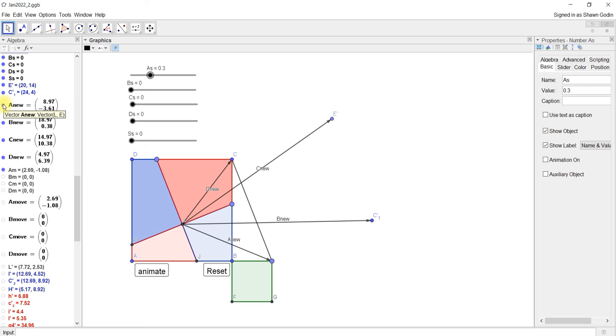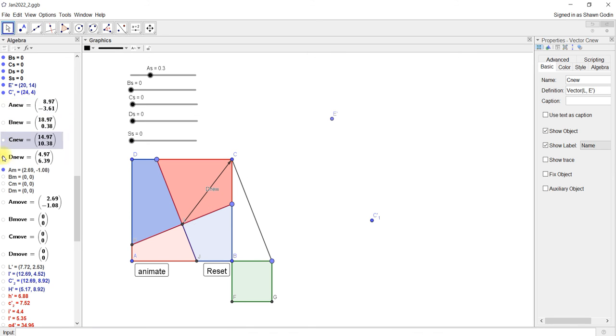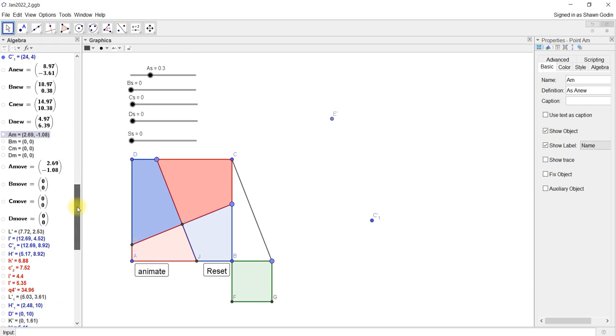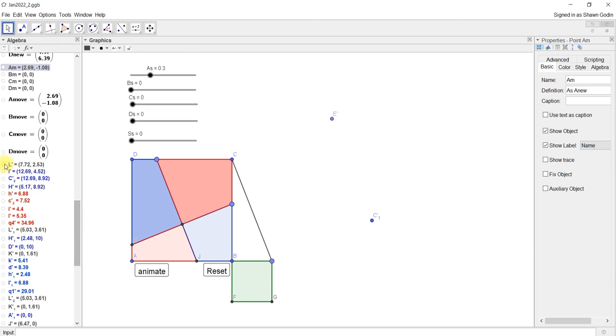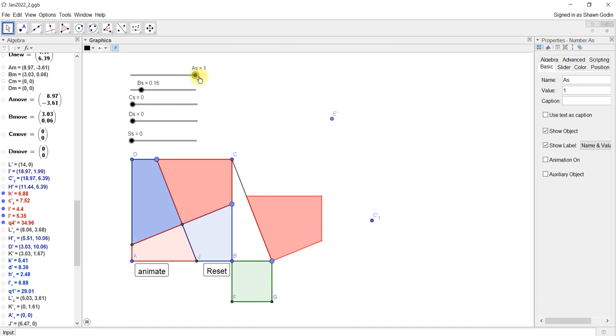I guess I can hide these vectors now. Okay, so that describes how those things move. And then from there, I could create, where are these things? Oh, they're there. Okay, so there's the image of this guy as it moves along.